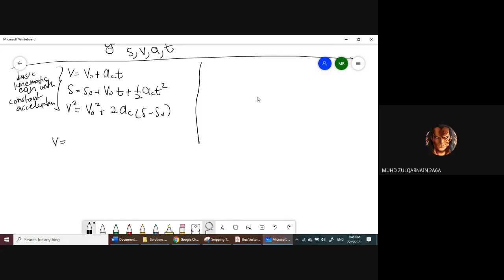V equals to d over t, V equals to ds over dt. A equals to dv over dt. One more, A ds equals to V dV. Remember that? Okay, so these are the basic kinematic equations.